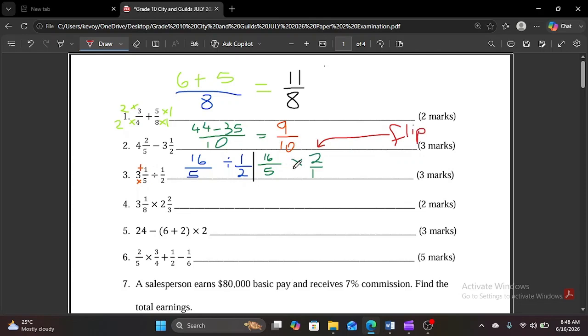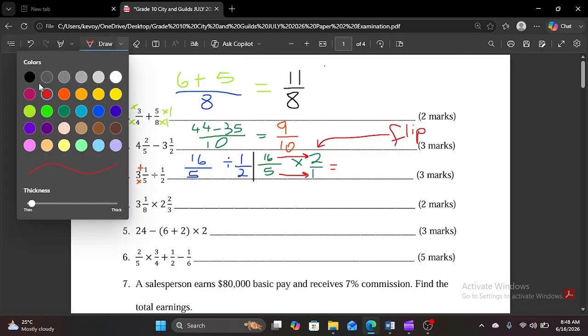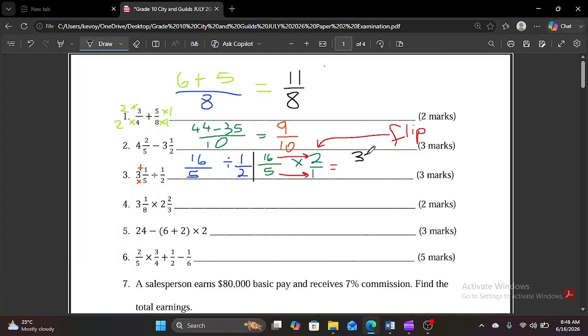We end up multiplying instead of dividing, numerator times numerator and denominator times denominator. So 16 times 2 is equal to 32, over 5 times 1, which is 5. So we have our fraction being 32 over 5. That's going to be your fraction right there.